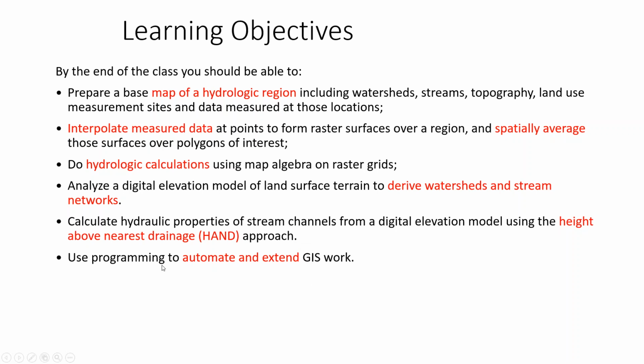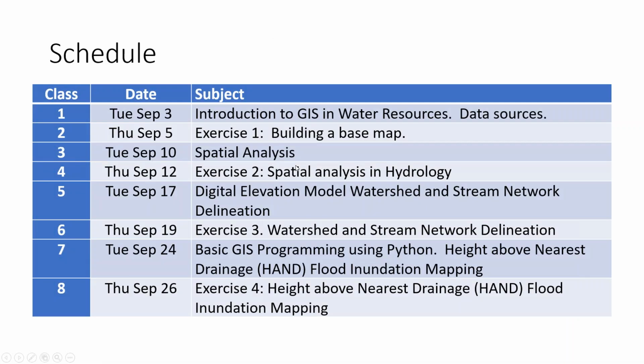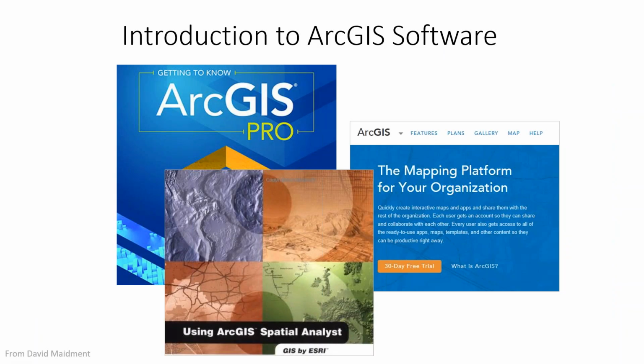And that also will get us into programming, because that is part of what we use programming for: to automate and extend GIS work. So there's the schedule, which I went through when I was showing you the outline PDF document.